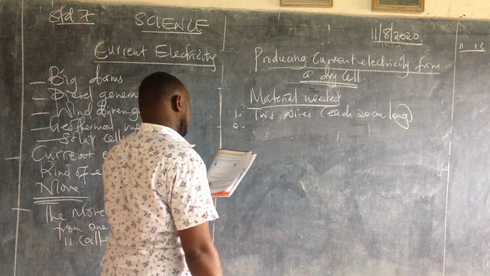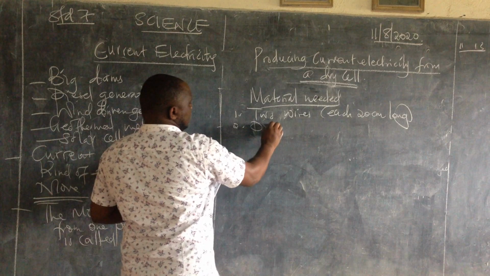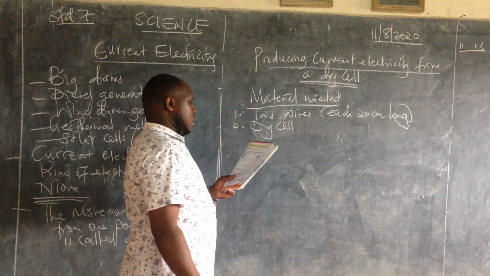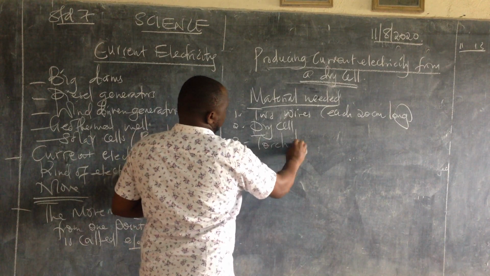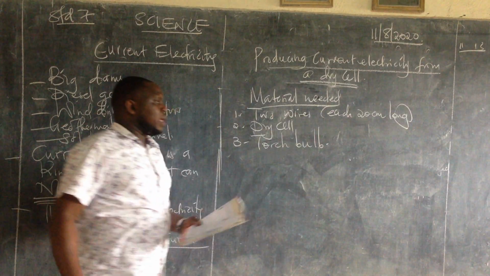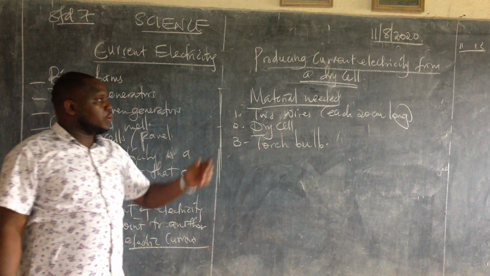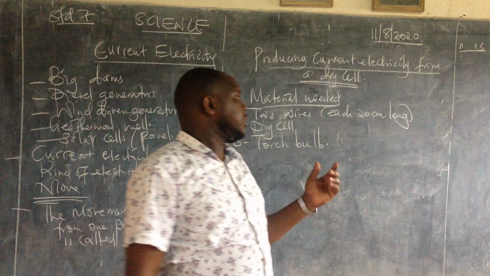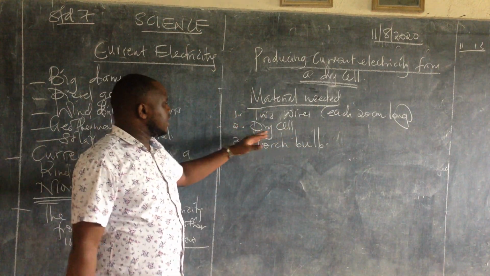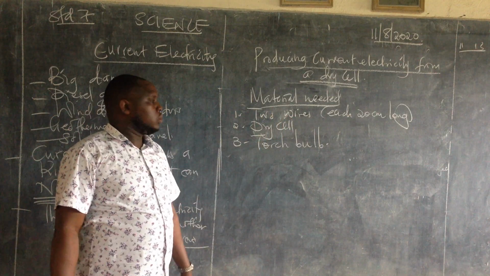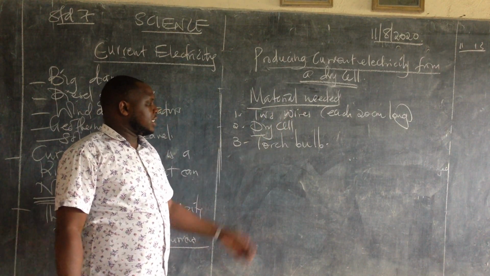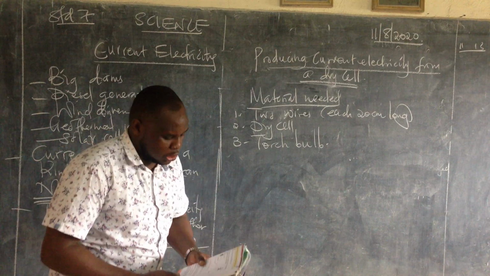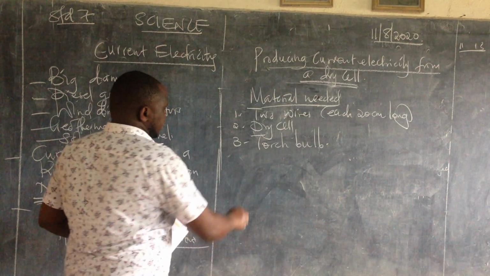Then we have a dry cell, and of course a torch bulb. So to be able to produce current electricity from a dry cell, we need these 3 things: two lengths of wire that is 20 centimeters each, a dry cell, and a torch bulb.